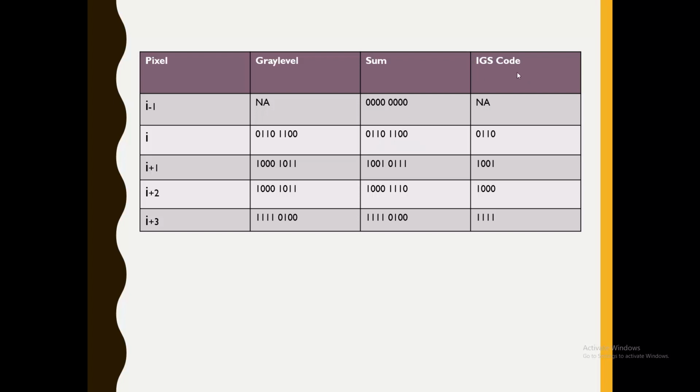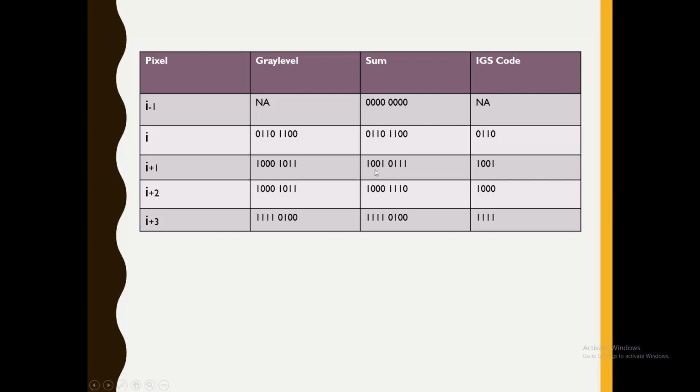Now in the case of IGS code, we only consider the four most significant bits. Similarly, for pixel I plus 1, the intensity value is 1000 1011. For the sum we add this one with the previous sum, so we get 1001 0111.